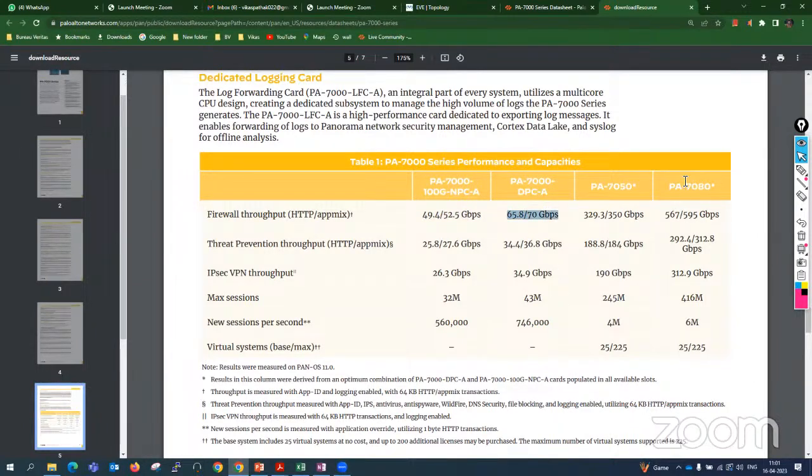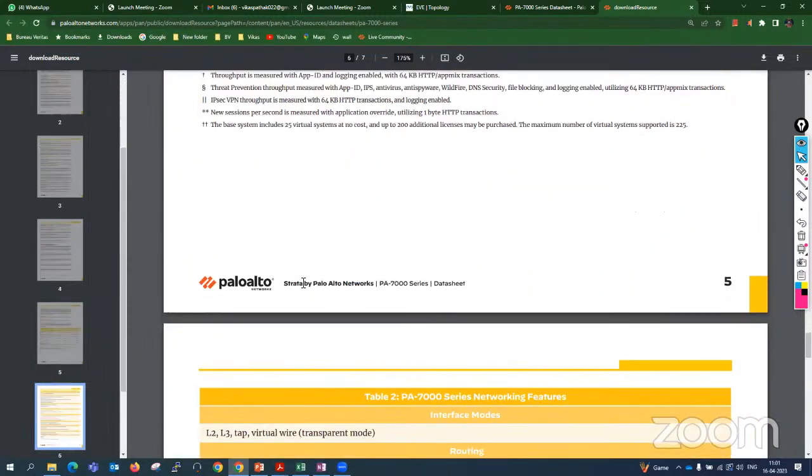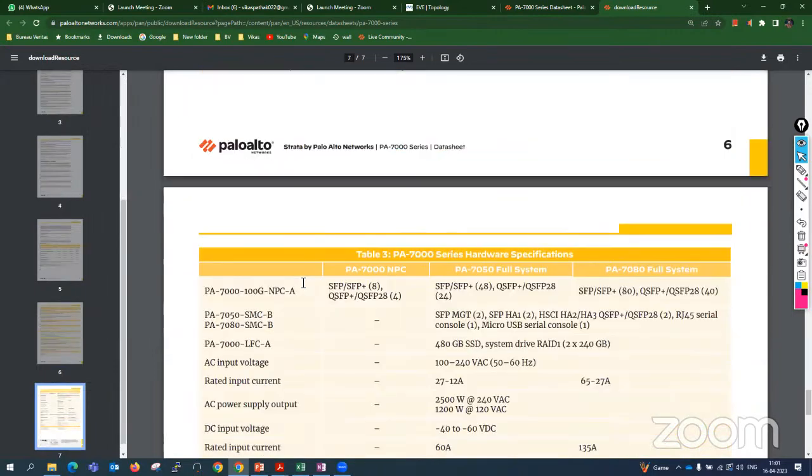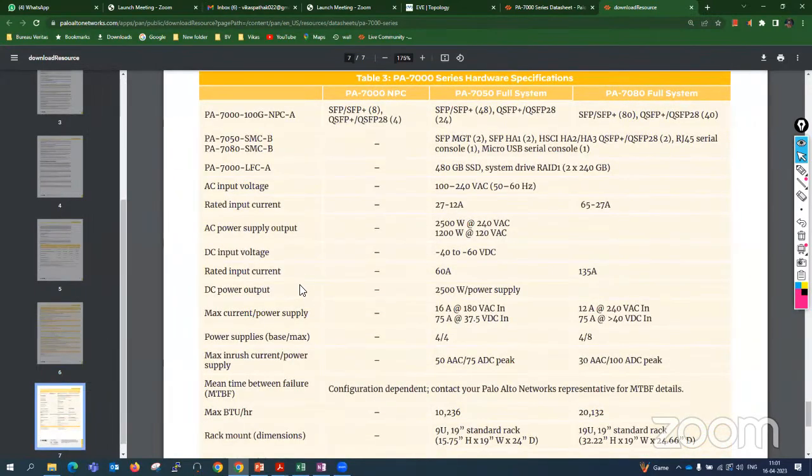And the 7080 can generate up to 595 Gbps. Threat prevention throughput is 292 Gbps. IPsec VPN throughput is 312 Gbps. So the bigger the model, the better the latency and the better the throughput, right?